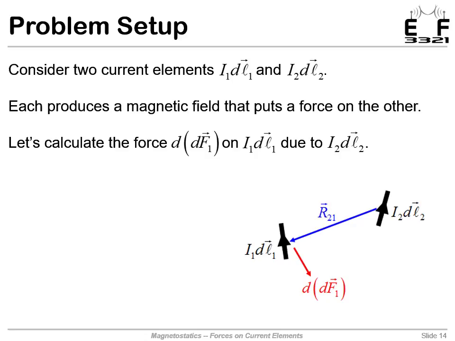Now the differential force that one puts on the other, since we have a differential current element, is a differential force, but since that differential force is being applied to another differential current element, that force ends up becoming a double differential. Physically what's happening is the first current element is creating a magnetic field, and that magnetic field then puts a force on the second current element.